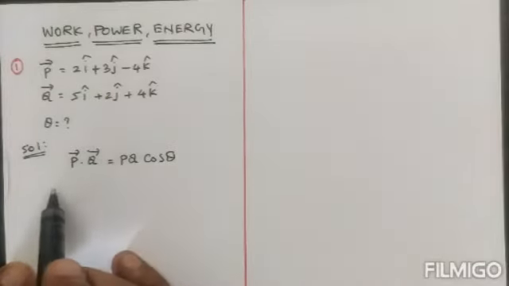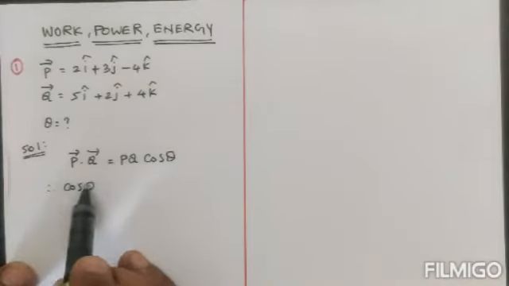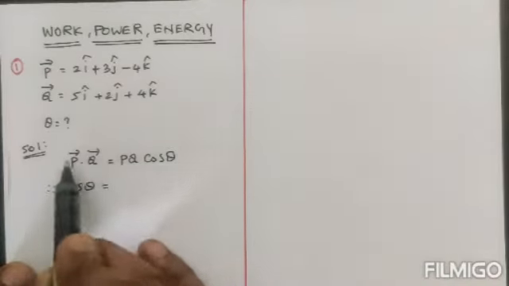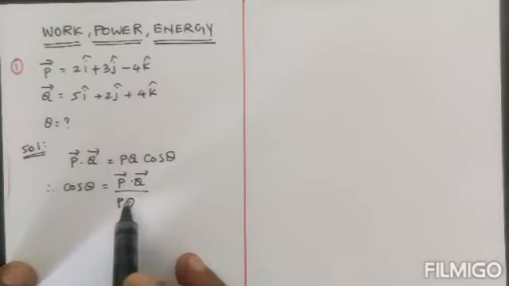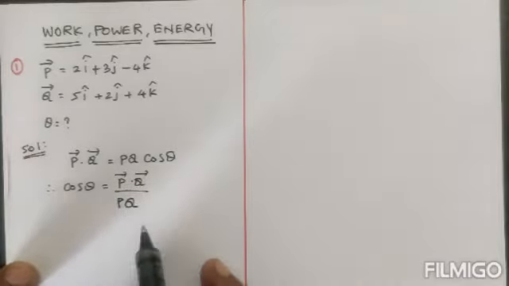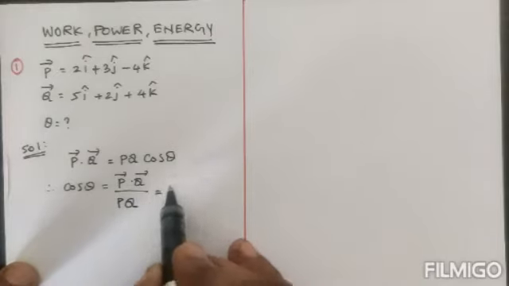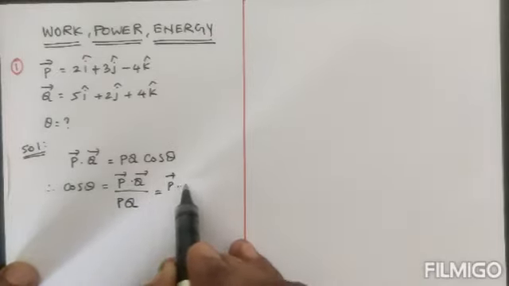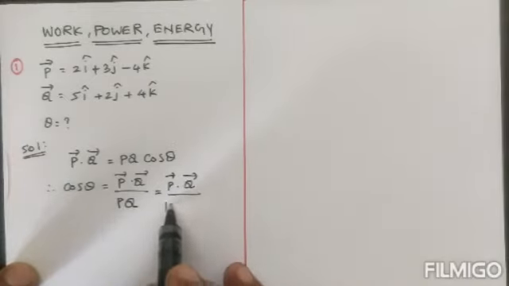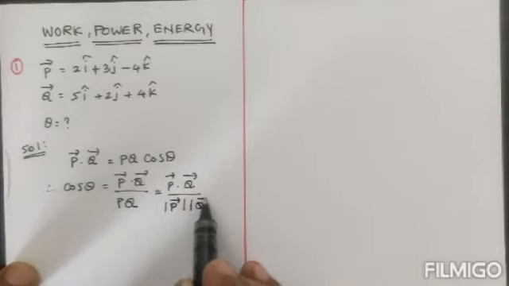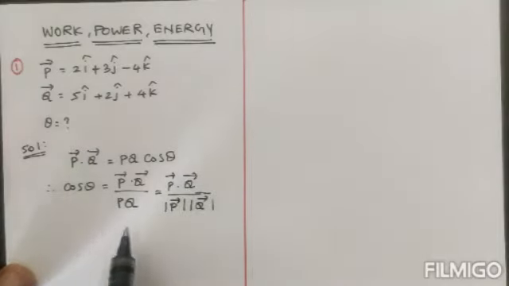Here we need the angle, therefore cos theta is equal to P vector dot Q vector divided by PQ. PQ is nothing but the magnitudes: modulus of P vector is P, modulus of Q vector is Q. Now we can substitute the values here.